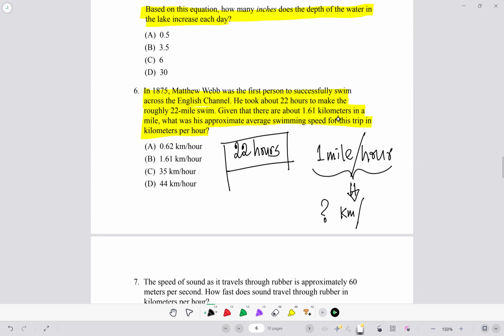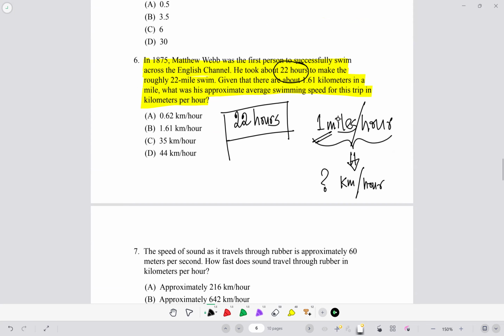Kilometer per hour. Because the average speed of his swimming in terms of miles per hour was 1 mile per hour, and now you need to convert it to kilometer per hour.